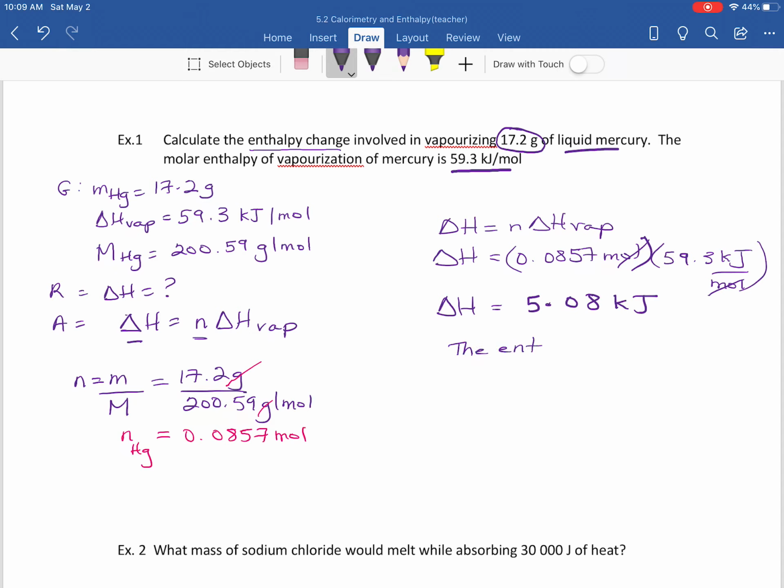So what this is saying to me is that the enthalpy change for 17.2 grams of mercury is 5.08 kilojoules. Okay, so that's how much energy is required to convert liquid mercury to gaseous mercury for 17.2 grams. Okay, that's what that means.